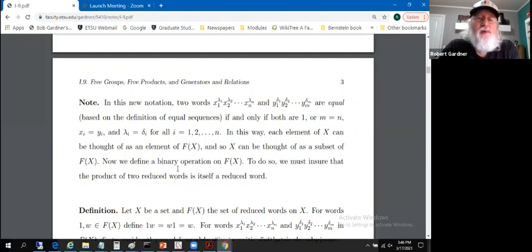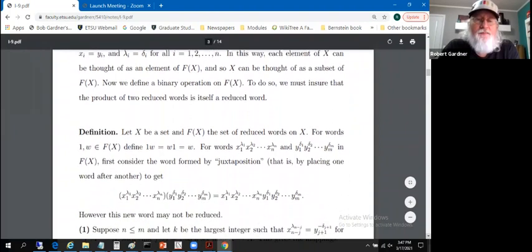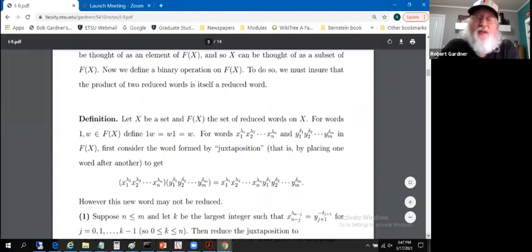So we need a binary operation on the reduced words. To define the binary operation, we need to ensure that the product of two reduced words is itself a reduced word. And we'll simply place one word after the other and then cancel things that can be canceled and drop xx inverses, yy inverses, and so forth.